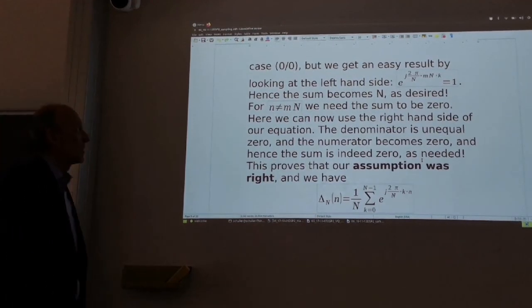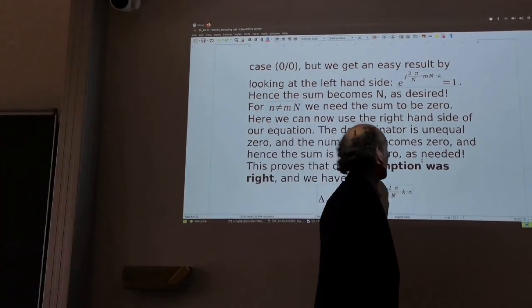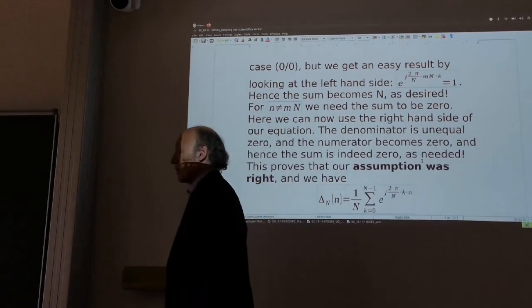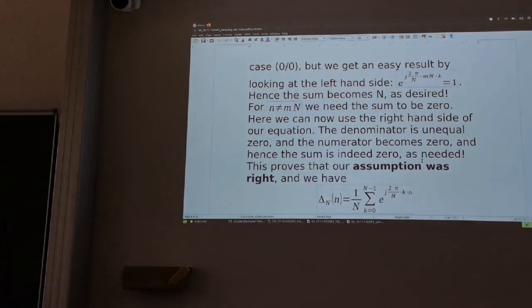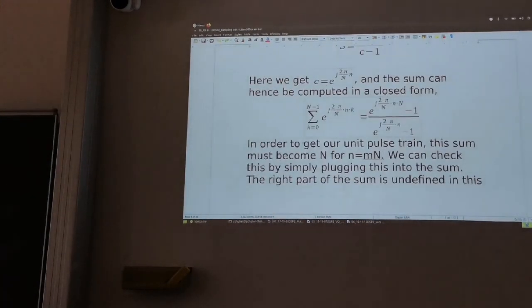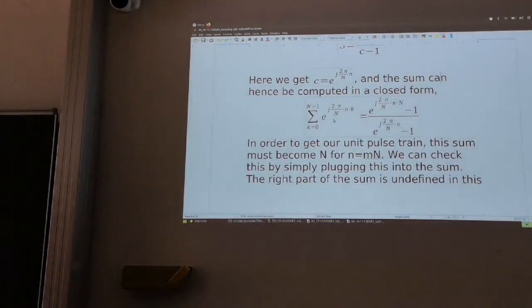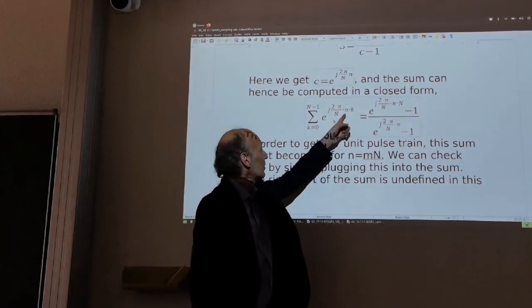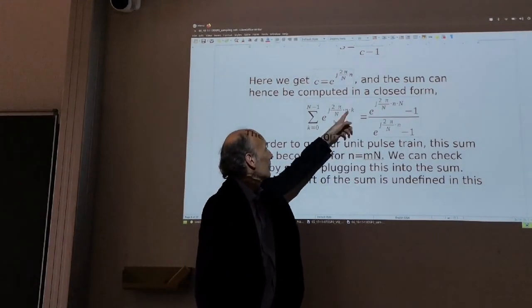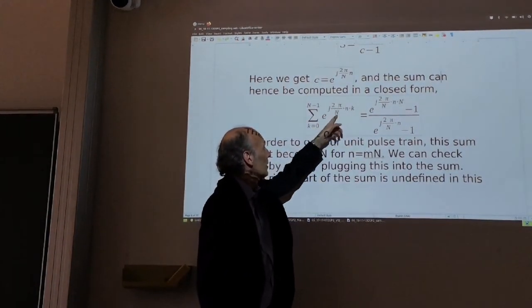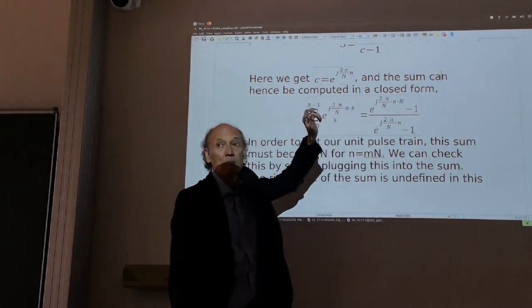Now we can look at the left-hand side. So now we simply plug in the same on the left-hand side, and this n cancels. So again, we have 2 pi times some integer.